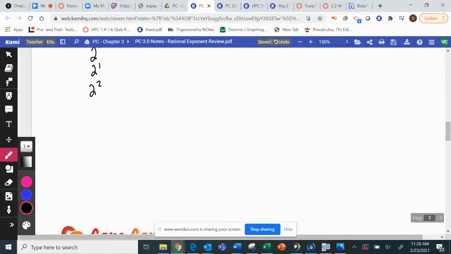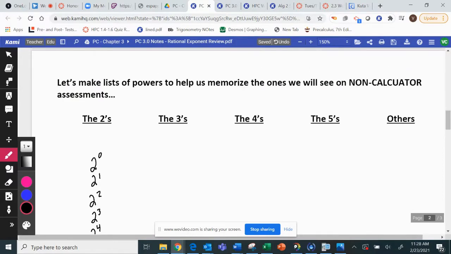The 2s, we should know a lot of 2s. 2 to the 3rd, 2 to the 4th, 2 to the 5th, 2 to the 6th, 2 to the 7th, and how about 2 to the 8th? And then I left some space because I'm going to do 2 to the -1 and 2 to the -2.